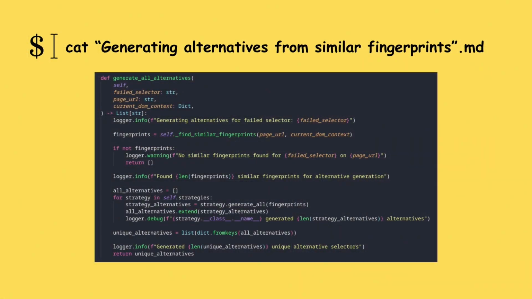Now, it's time for the healing system to generate all possible alternatives for the failing locator. The dict context is passed as argument and is used as base to query the database to get similar fingerprints. The similar fingerprints are passed to strategies to generate an exhaustive number of possibilities.